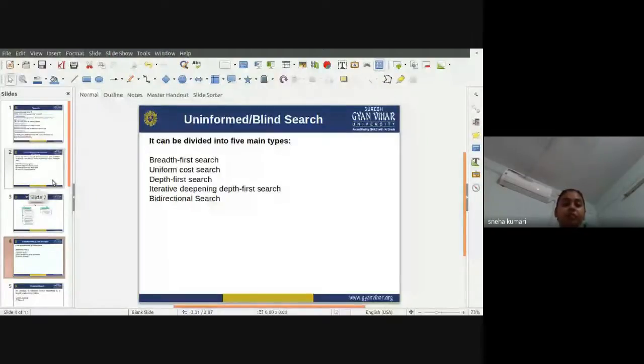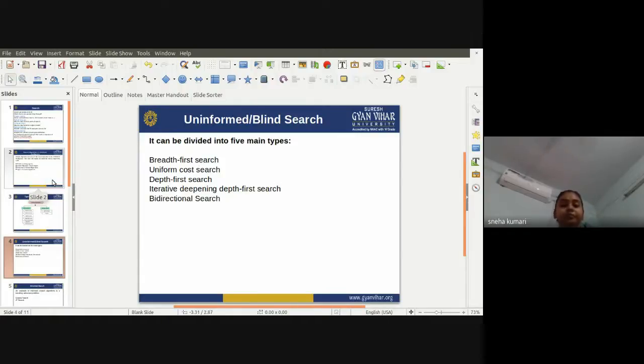So it can be divided into mainly five types. That is, the first type is breadth first search, the second type is uniform cost search, the third type is depth first search, the next one is iterative deepening depth first search, and bidirectional search.